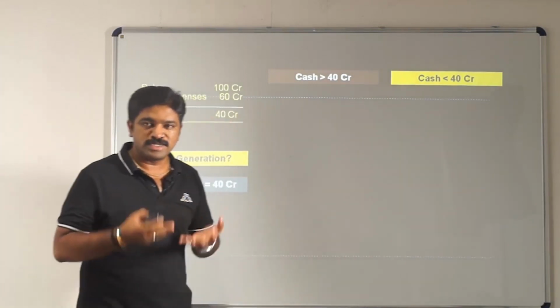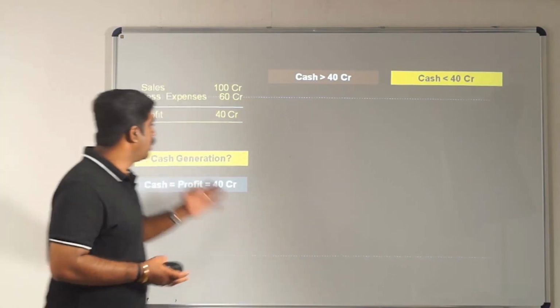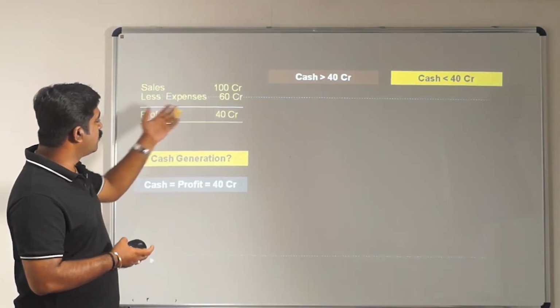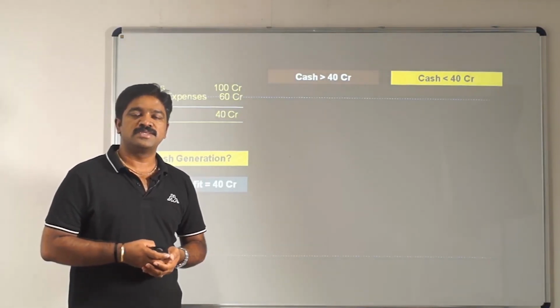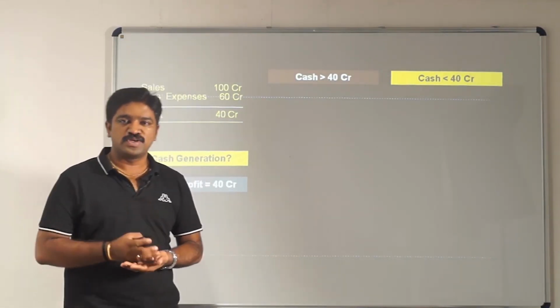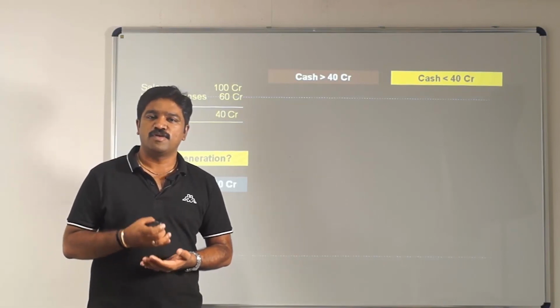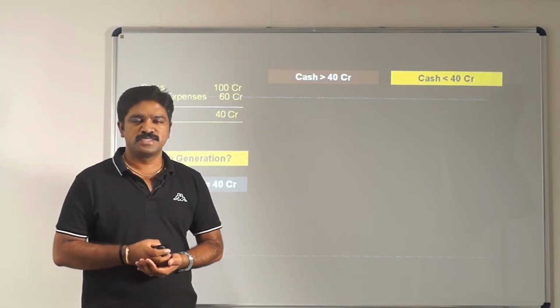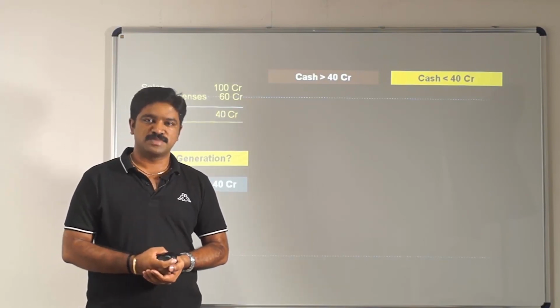And why could you not say clearly what is the cash generated by looking at this income statement, which communicates what is the profit generated? The answer is our financial statements, the income statement and the balance sheet, follow accounting conventions and policies and provide for various non-cash items as well.